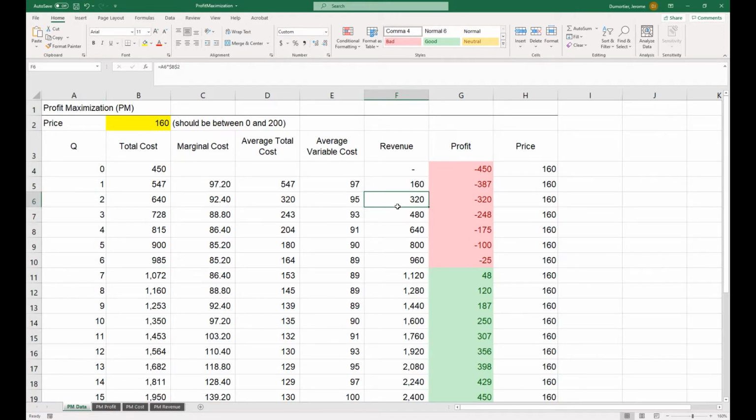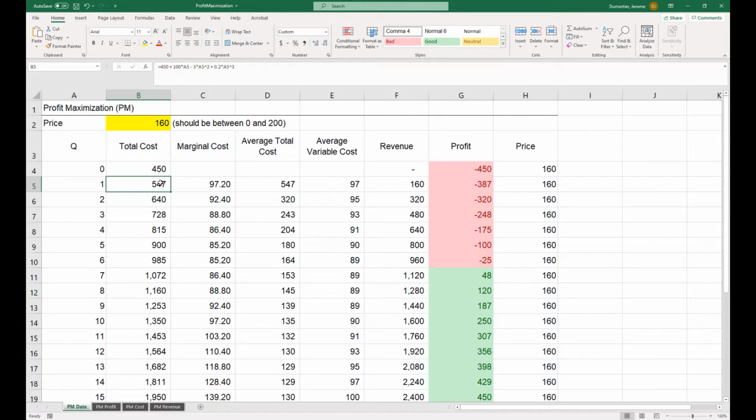Now, what a firm is interested in is profit maximization. So the profit is equal to the revenue minus the total cost. Okay? So you have a revenue of, say, $160, and a total cost of $547.